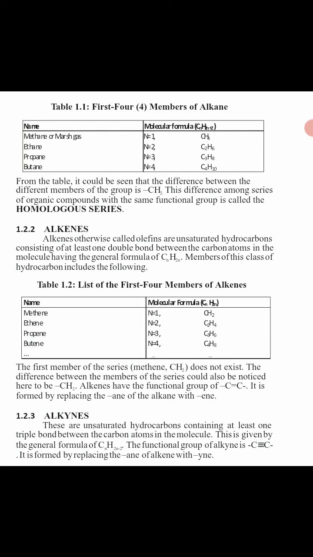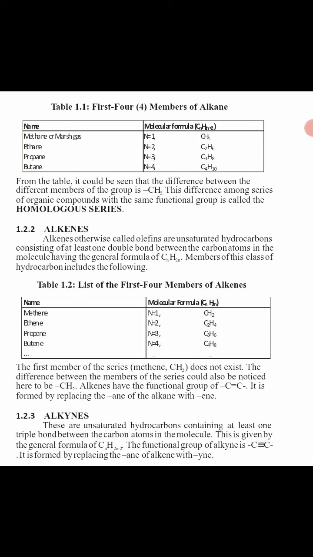If you check methane, ethane, propane, butane, check their formulas: CH4, C2H6, C3H8, C4H10. You see that the difference between each of them is CH2. So when you have a family of organic compounds like that, the difference between each successive member is a CH2 group.